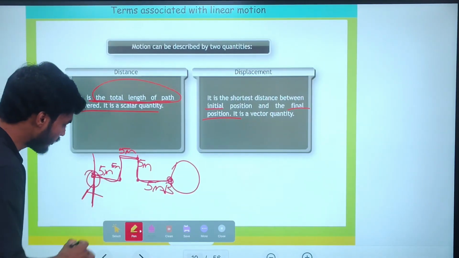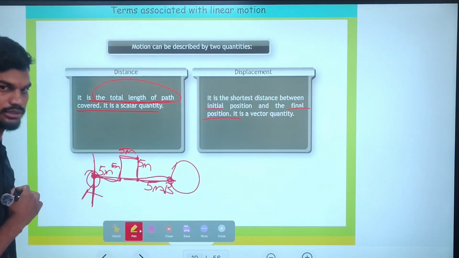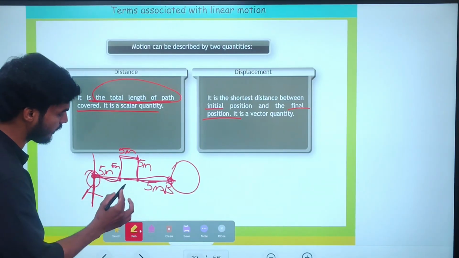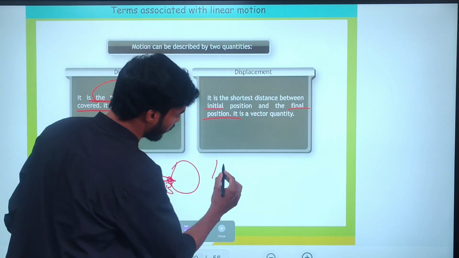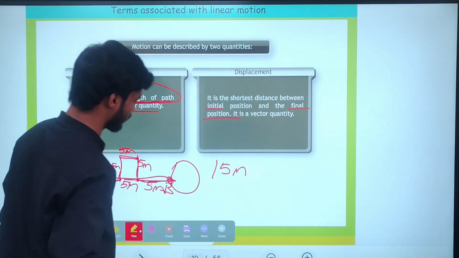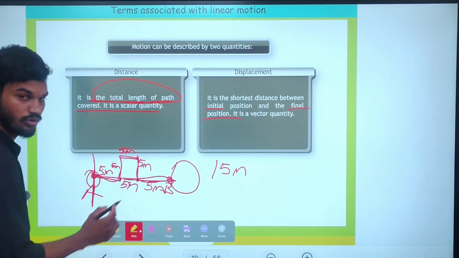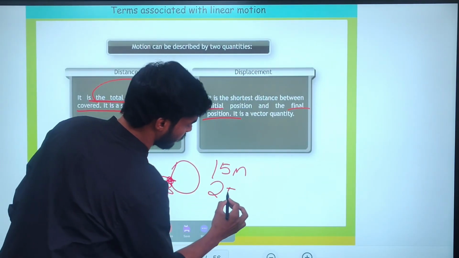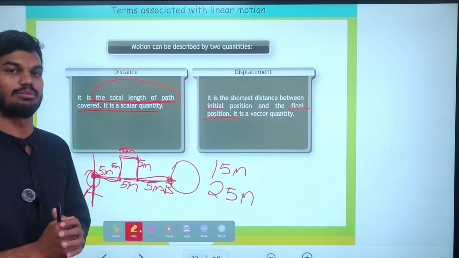We can measure it from the initial position, the shortest path, the same way as distance. For distance, 5 meters and here 5 meters, 5. Simply, the displacement is 15 meters. But what is the distance? 5, 10, 15, 20, 25. 25 meters. There is a major difference between distance and displacement.